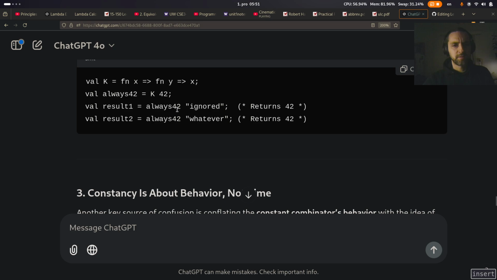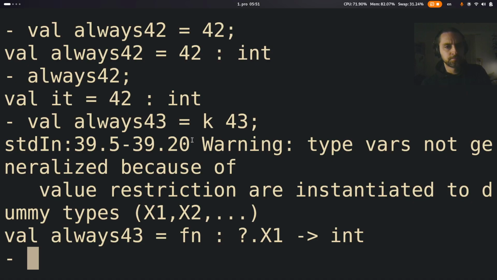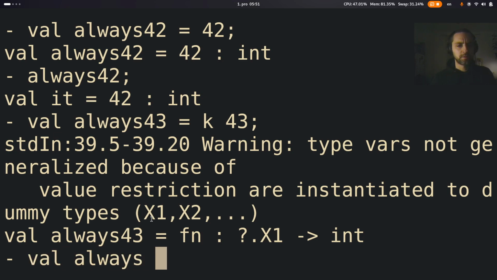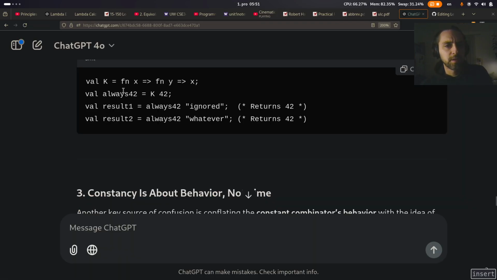Interesting. Is k 42. This doesn't work. 42 equals k 42. Interesting.